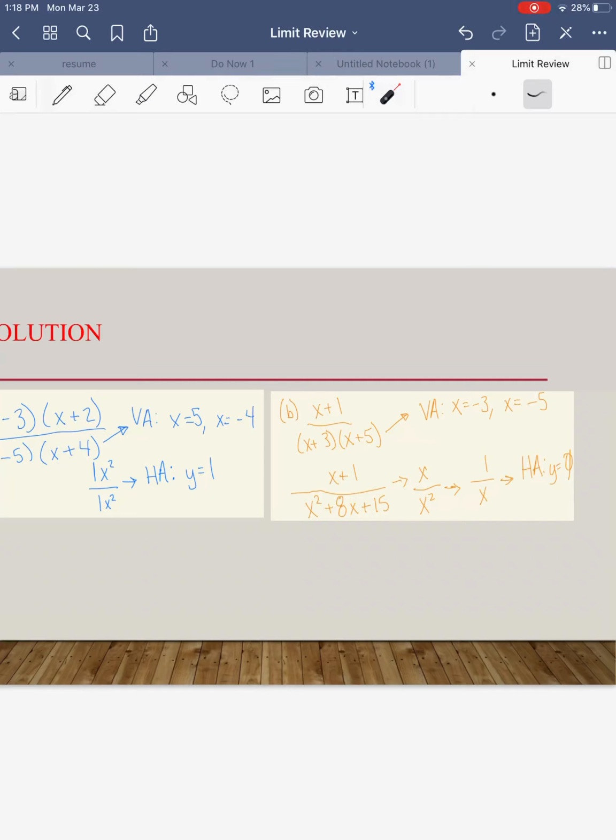And to get your horizontal asymptote, the leading term on top is x. And the leading term on the bottom is x squared. So x over x squared equals 1 over x. And as you take the limit as x goes to infinity, as x goes to infinity, we get closer and closer to y equals 0.